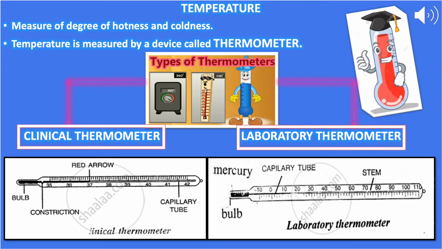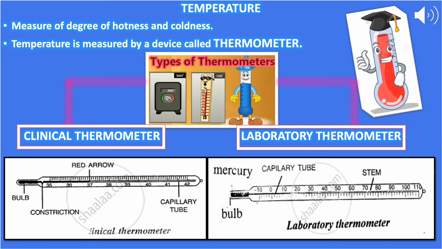Then, while taking the thermometer inside the mouth, don't laugh or talk or do any actions, because this can lead to the breakage of the thermometer, which may release the poisonous mercury into the mouth. And note the reading in clear light.